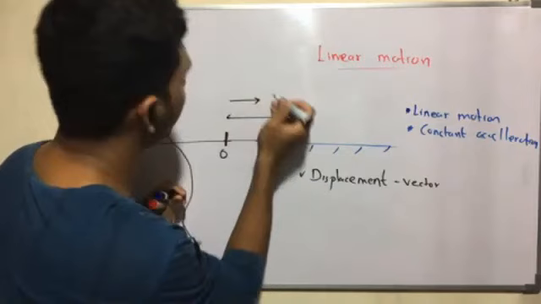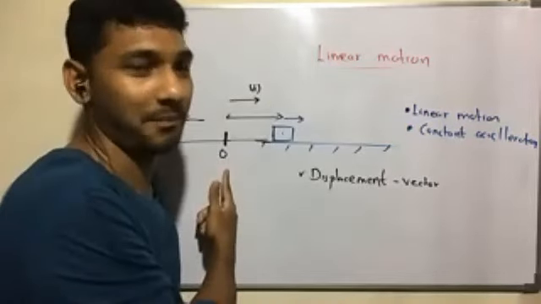We should understand this very carefully. Sometimes some students say that when it goes to this side, they consider the movement, it's positive. When it comes back, they say displacement is negative. That is not the direction of displacement. The direction of displacement is the position relative to the point considered.